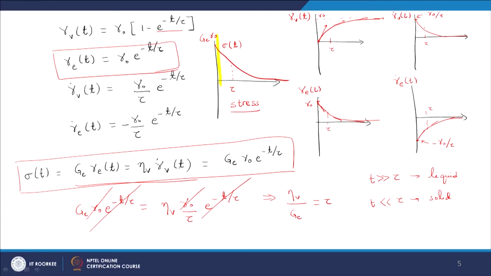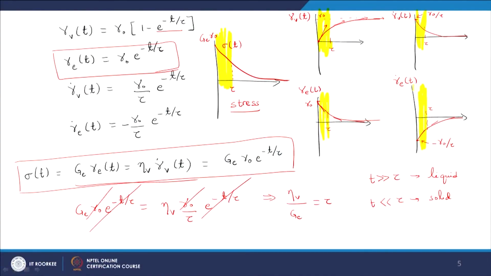So, depending on when we are looking, if I look at small times, that is before tau, what we can notice is that the material has a stress and therefore the material has a significant shear in the elastic element, and it also has a significant shear rate in the viscous element.